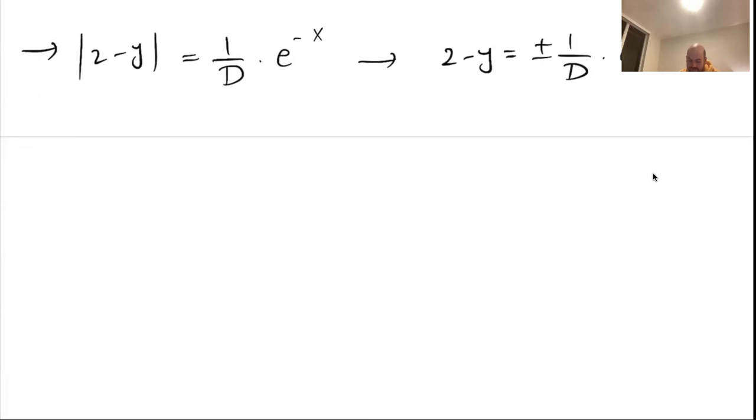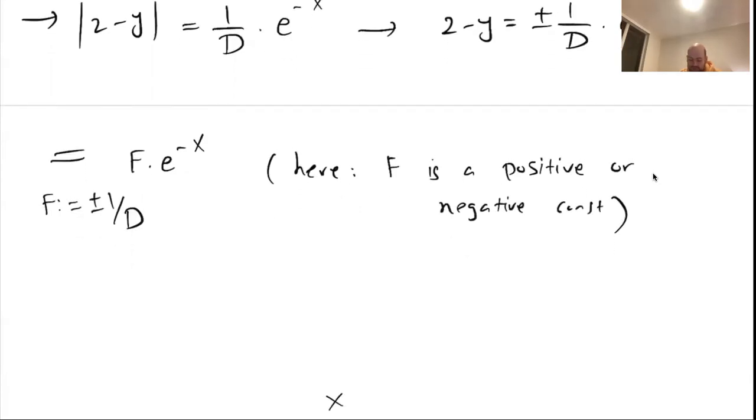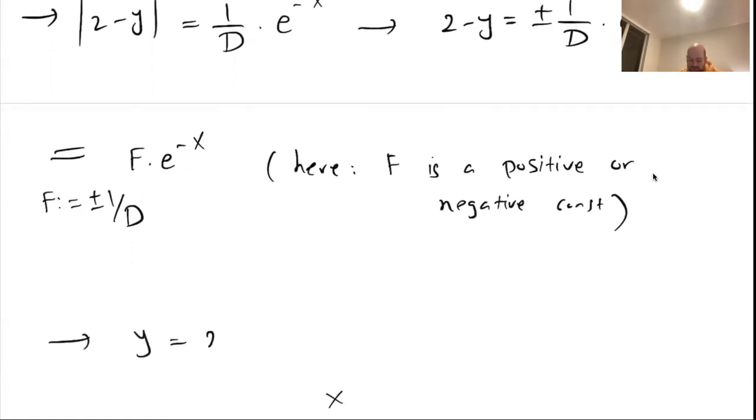So define f as plus minus 1 over d, then I'll have f times e to power minus x, where here f is a positive or negative constant, because d is a positive constant, so plus minus 1 over d is a positive or negative constant. And then y will be equal to 2 minus f times e to power minus x.